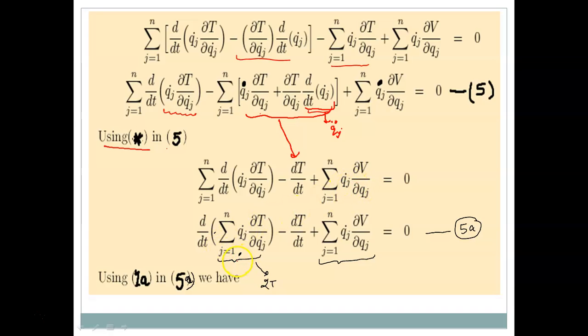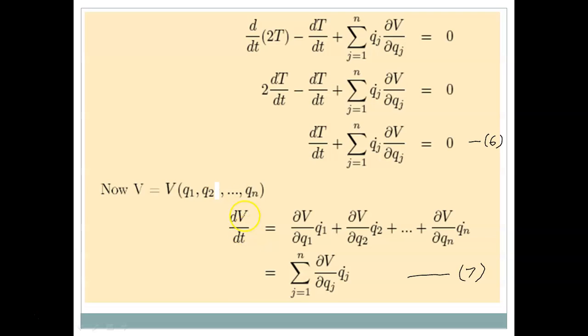Further, from equation 1a we are given that this quantity is equal to twice of T. So now we substitute using equation 1a in 5, this quantity becomes 2T. That means d by dt of 2T minus dT by dt plus this quantity. So twice dT by dt, we are left with dT by dt plus Qj dot this. Now this is equation 6.